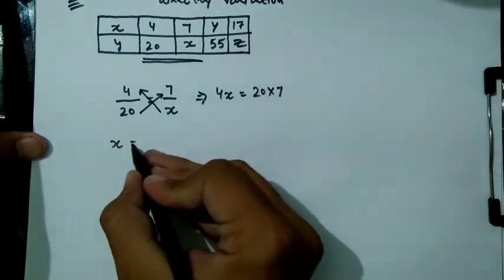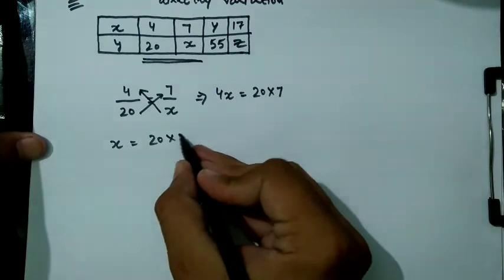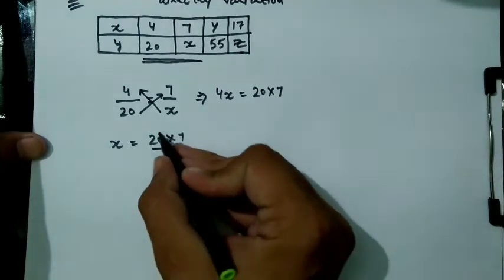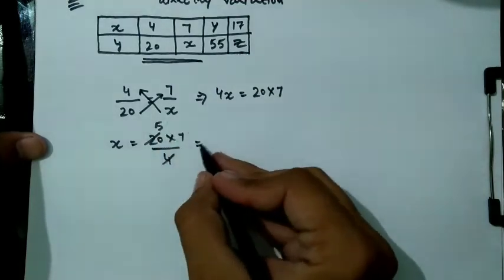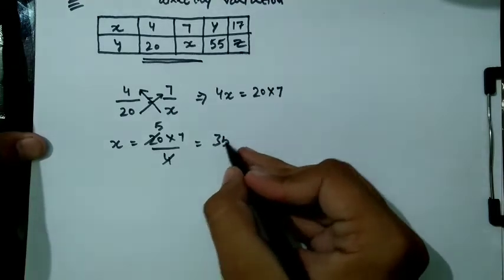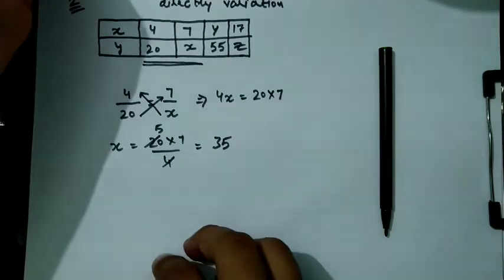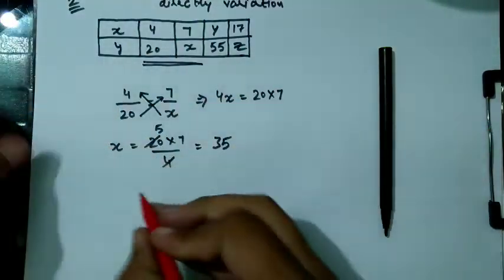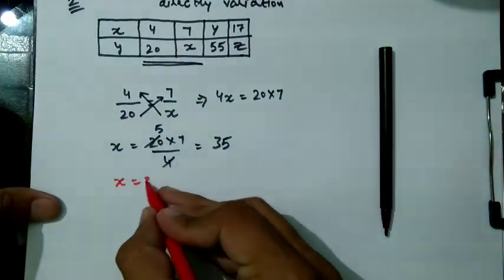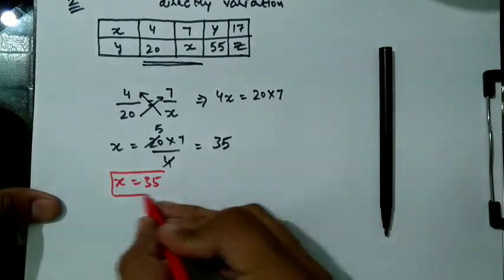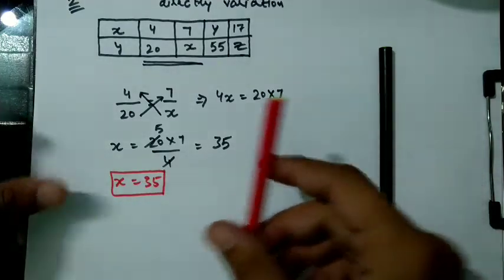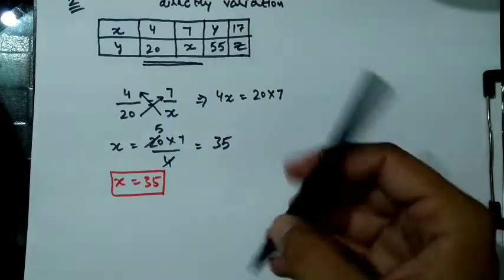So x will be equal to 20 into 7 divided by 4, and 4 5s are 20, so 5 7s are 35, right? So now you can write the value of x is 35. Value of x is 35.